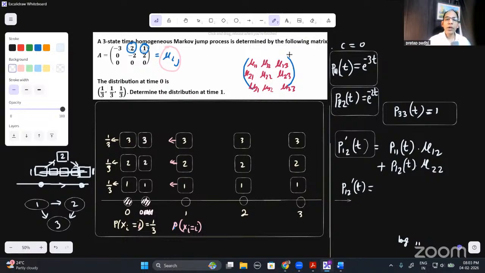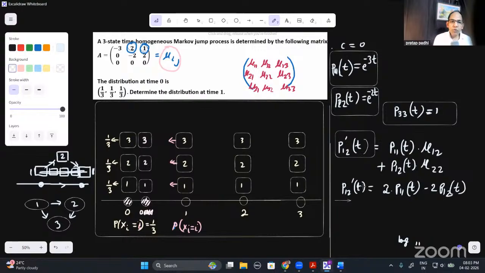So let me write 2 here: 2 P11 t and mu 2 to 2, 2 to given, that is minus 2 P1 to t. So in this case, if you see, P11 t here is extra. You have 1 to t here too. Both are there. That is the problem.